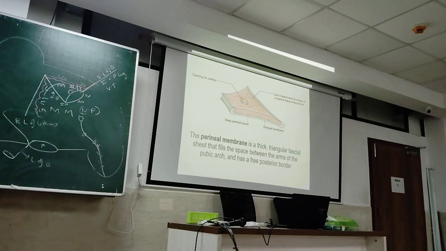Because of this appearance of a superior fascia and an inferior fascia with muscles enclosed between them, it was formerly called the urogenital diaphragm. So, starting from the top of the body to the pelvis, there is one diaphragm, the diaphragma sellae, which separates the pituitary from the hypothalamus.